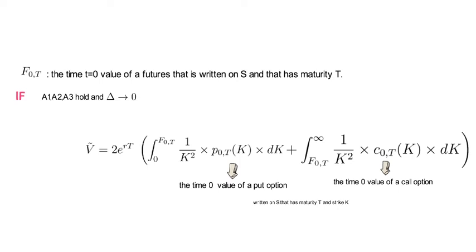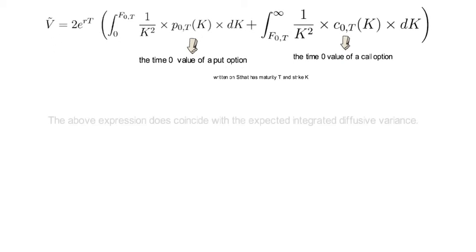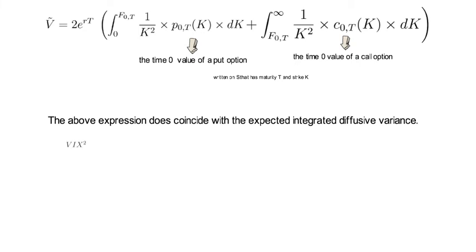Now let's move on a little bit. The above expression for V tilde does coincide with the expected integrated diffusive variance, where again we talk here about the risk neutral expectation. So in other words, that says that VIX to the power of 2 with maturity capital T is calculated according to the last equation.